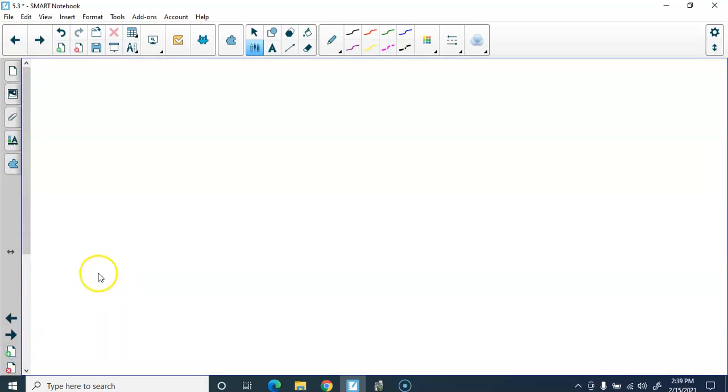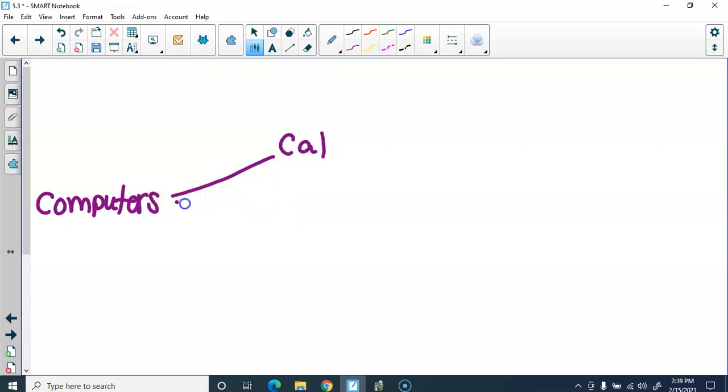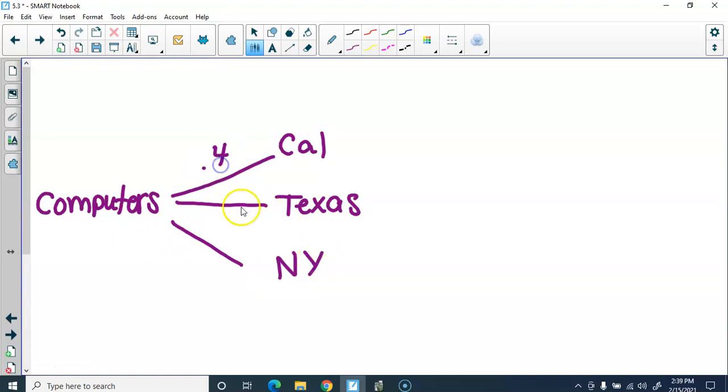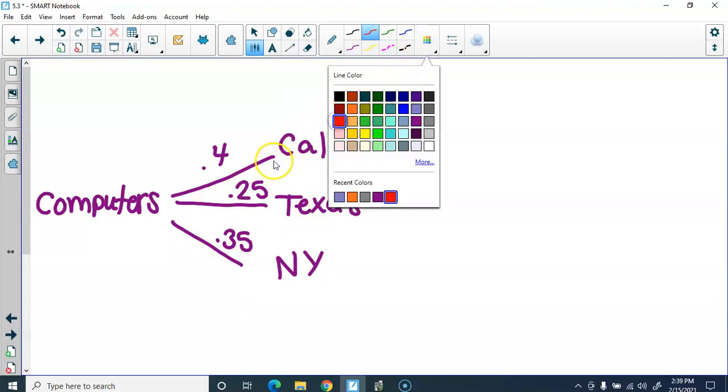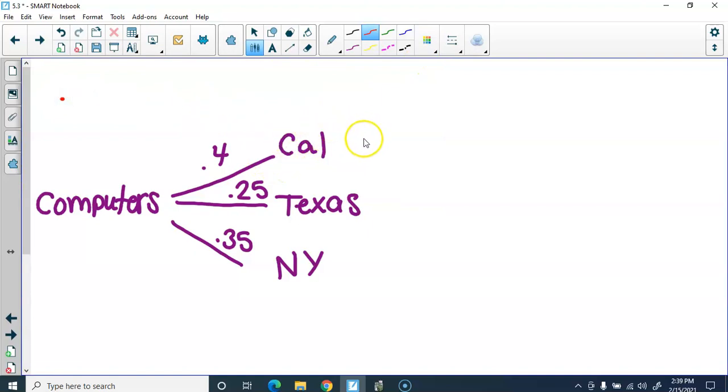It's going to be a little tight here. I think I'm going to make a new tab to set this up so we have just computers in general. To the 3 locations, California, Texas, New York. California had 40% of the computers in general, Texas had 25%, and New York had 35%. In California, they said that 75% of the computers were laptops.